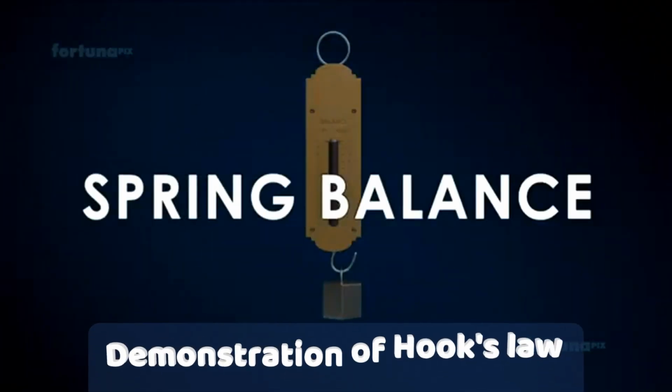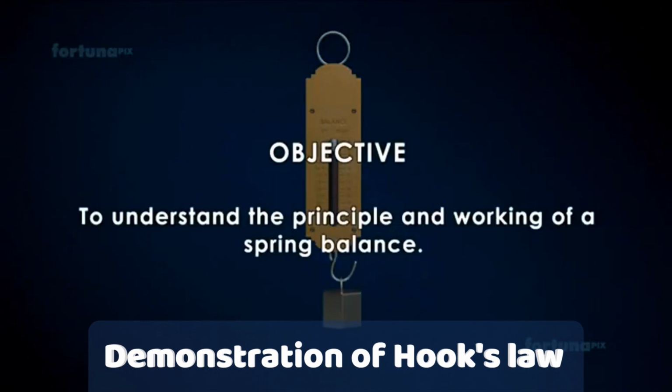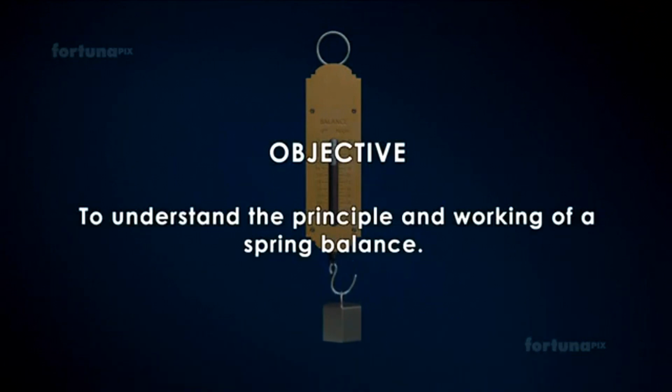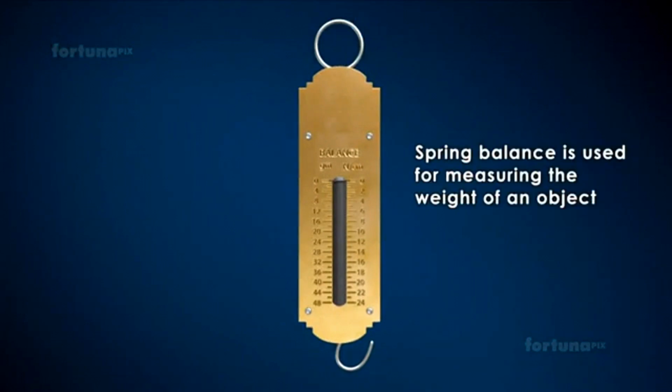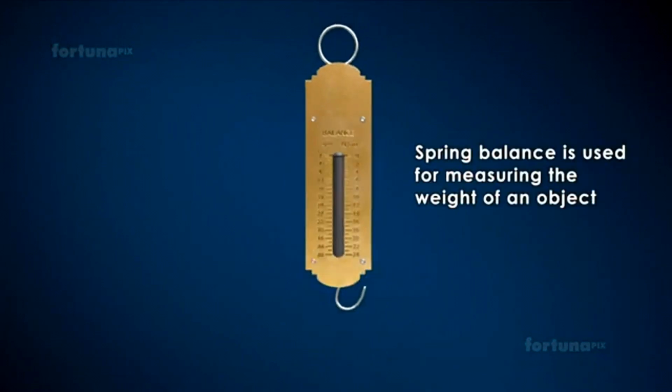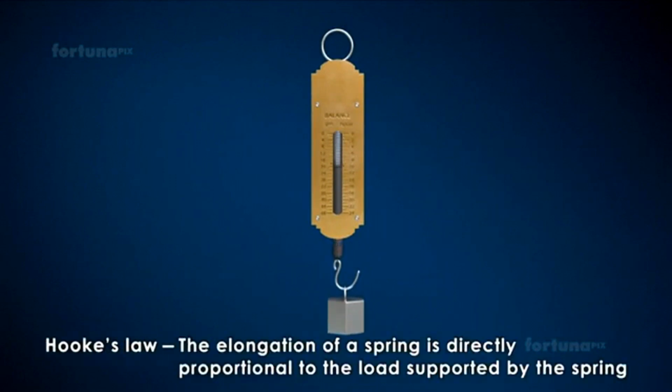So now we are going to see with our naked eyes a spring and how it works. It always operates by using Hooke's law. Hooke's law means the elongation of the spring is proportional to the load supported by a spring balance.